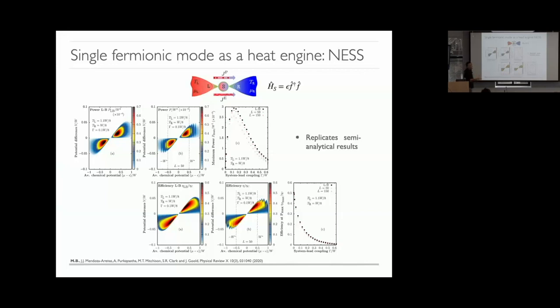Quick question. By doing this, are you ending up with a larger system? Yeah, it's a larger system. So don't you have exponential scaling with the number of modes that you include in the system? Not an exponential number. You basically have to select enough. The Hilbert space grows exponentially with the number of modes, but not in this quadratic model. We're going to talk about non-quadratic models in just a second.